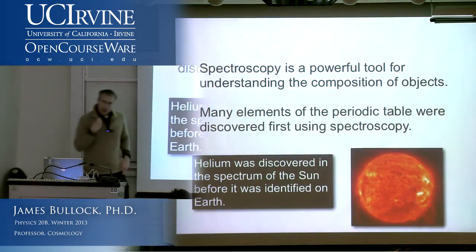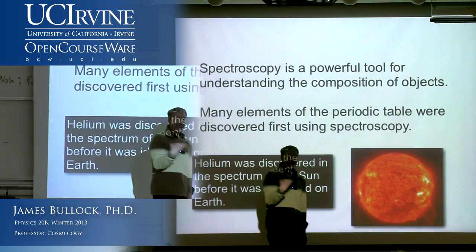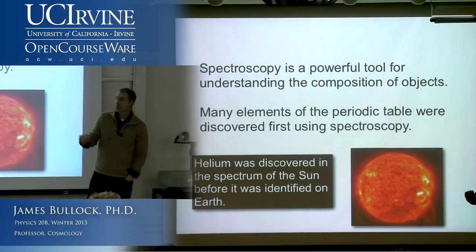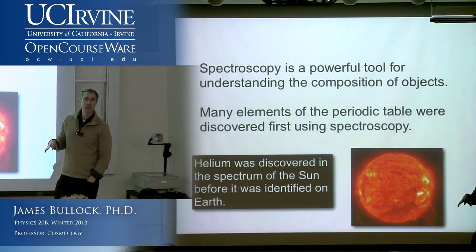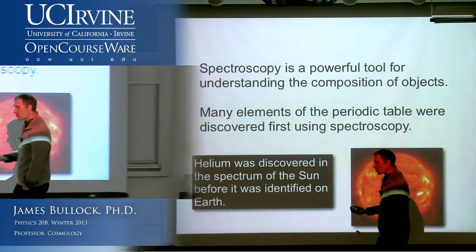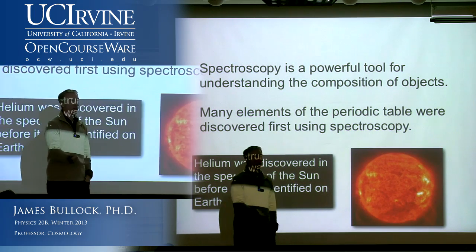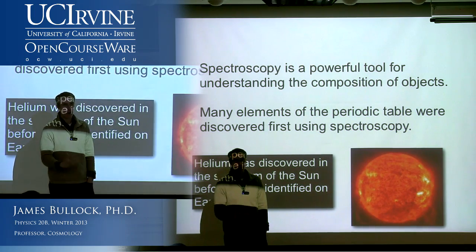More generally, this idea of spectroscopy is not only used in astronomy, it's used all over the place on Earth. Historically, many elements were actually discovered using spectroscopy. There were spectral signatures that were seen, and that's the way people identified what things are made of on Earth.